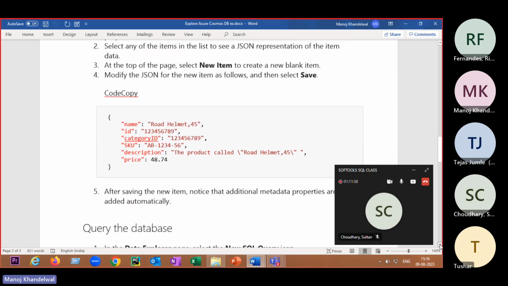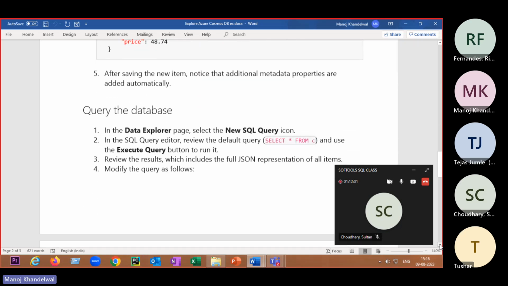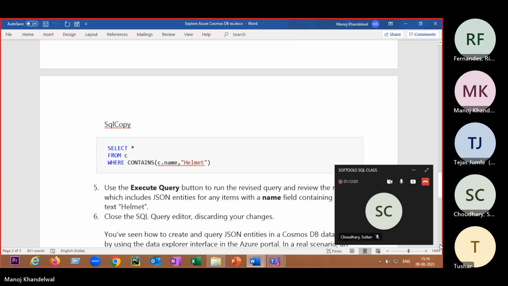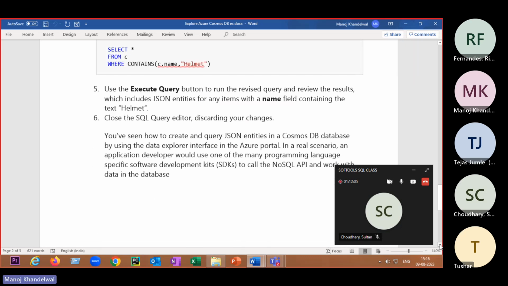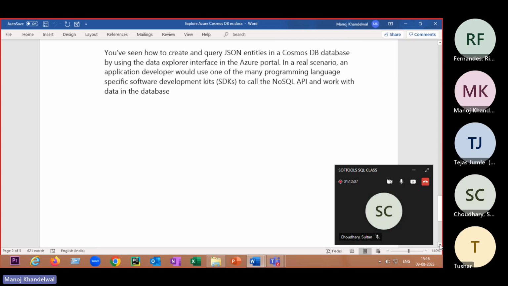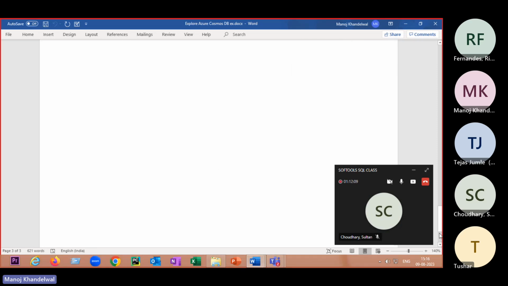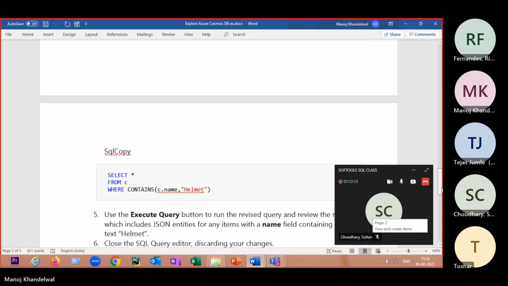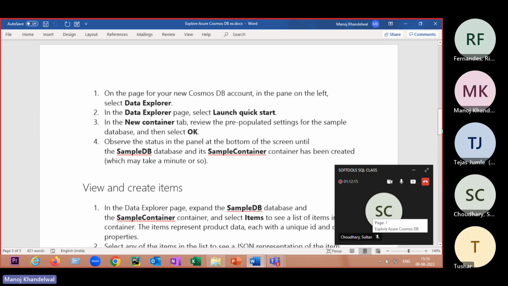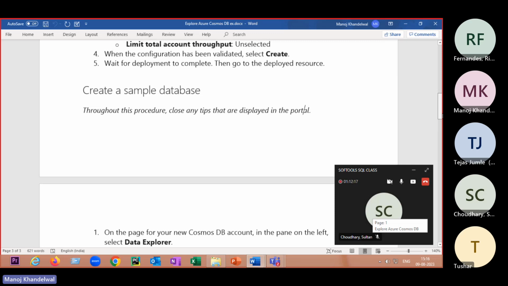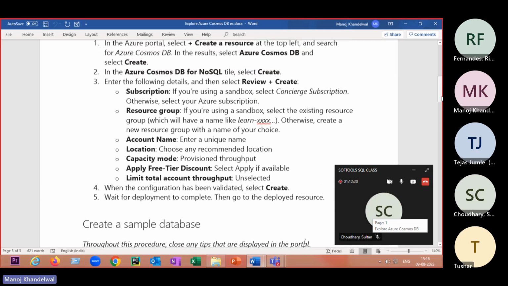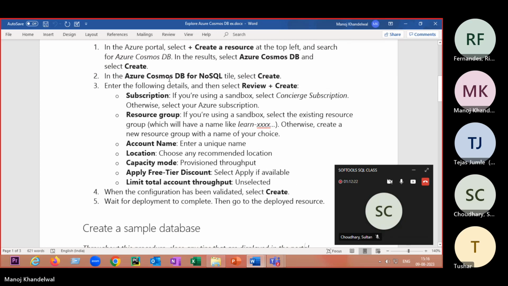We save them there. Then we query the database. So it gives you a brief idea of how to create an instance of Cosmos DB and how to create items. We are creating a NoSQL database engine, Azure Cosmos DB for NoSQL.